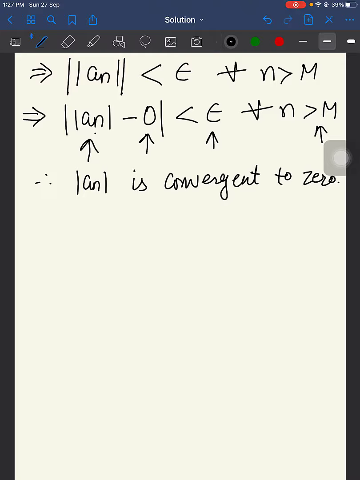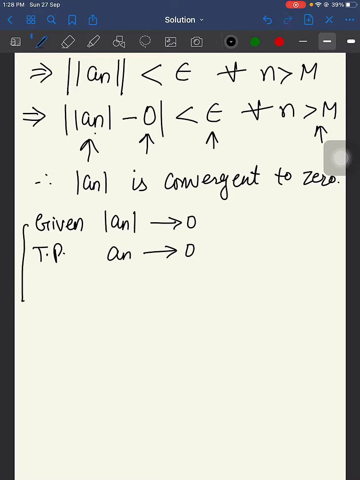And since this is an if and only if statement, we need to prove the other side as well. The reverse steps will show that the other side is also true. So let's say given mod an is convergent to 0, to prove an is convergent to 0.